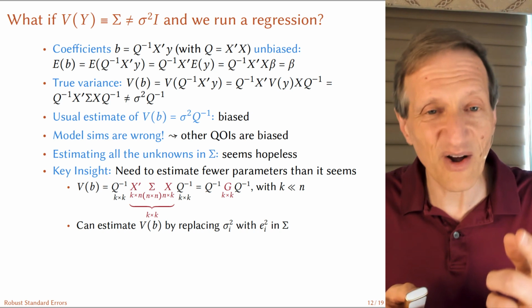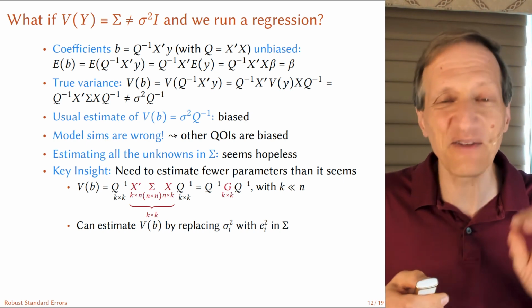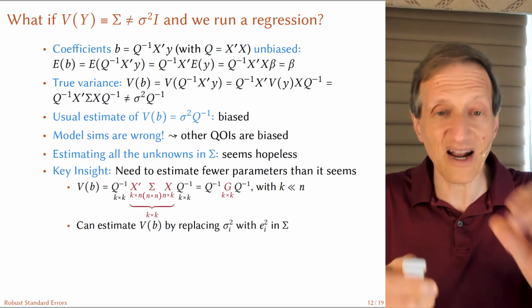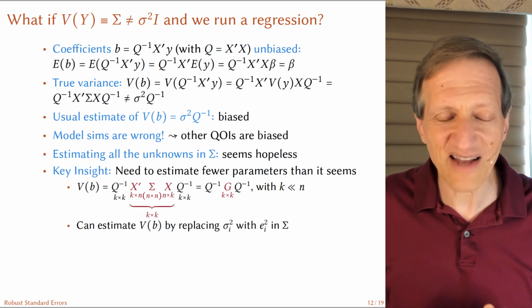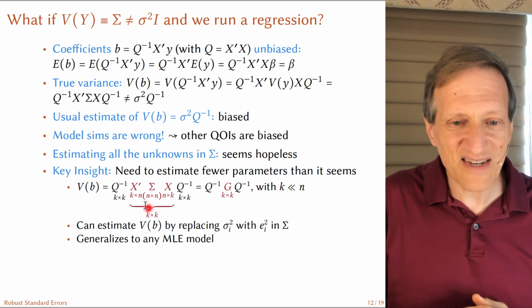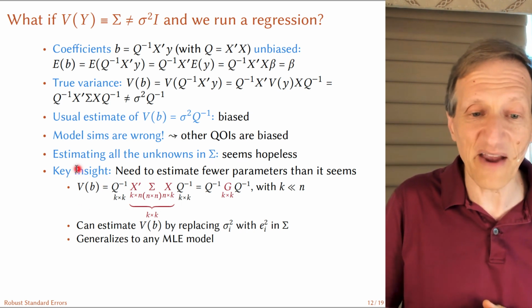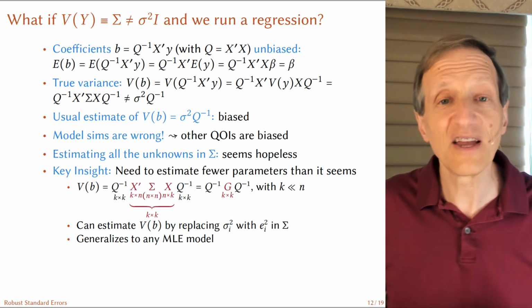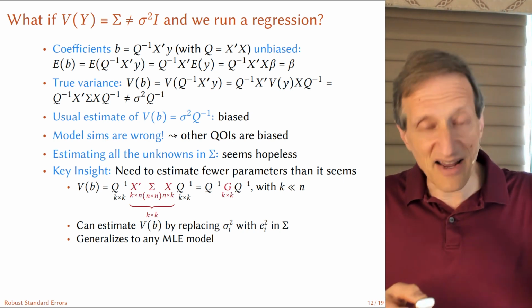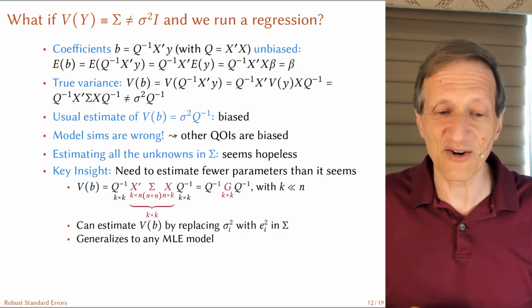And you square them because they're an estimate of the variance. They're not a good estimate of the variance individually, but we don't actually care about them. We only care about their contribution here. So that's exactly what we're going to do. We then put those on the diagonal element here. We calculate this whole thing, and we get a different estimate of the variance of B. They're called robust standard errors, or this is a robust variance covariance matrix, the square root of the diagonal of which are the robust standard errors.